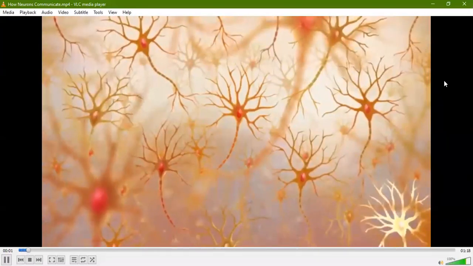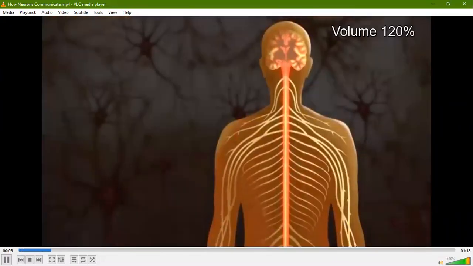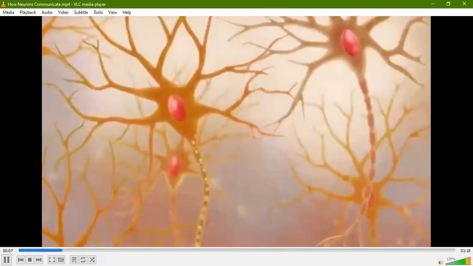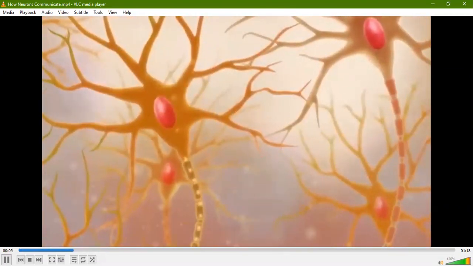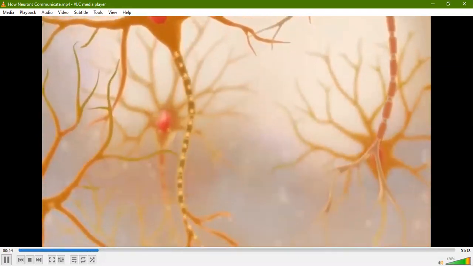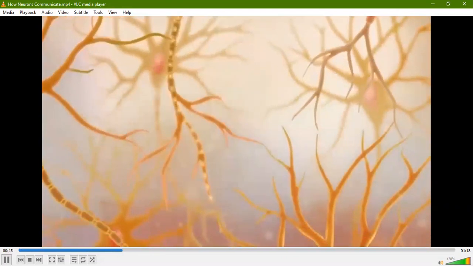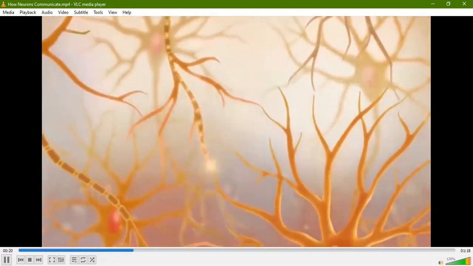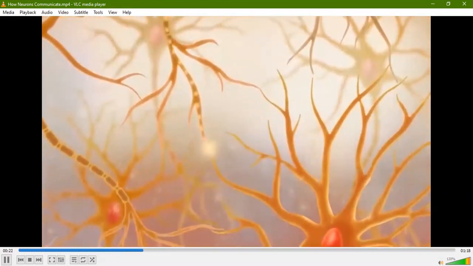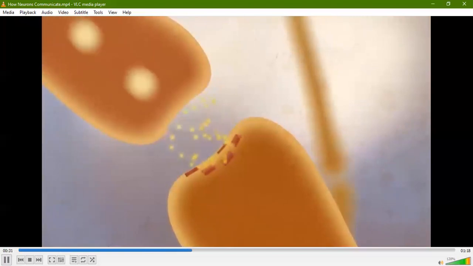Communicate with each other, relaying messages throughout your body and powering all of your thoughts and actions. Neurons talk to each other using both electrical and chemical signals. Messages start as electrical signals traveling rapidly down a neuron. These signals are called action potentials. When they reach the gap between two neurons, the messages need some help to get across. The information is transformed from an action potential into a chemical message, which crosses the gap called a synapse.